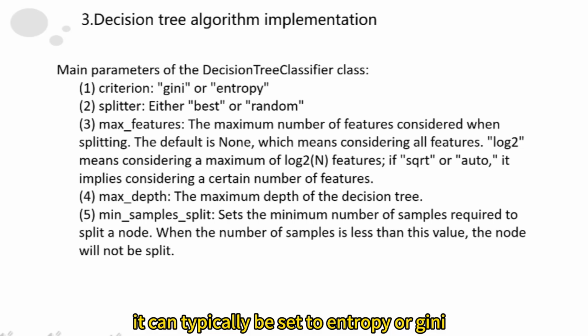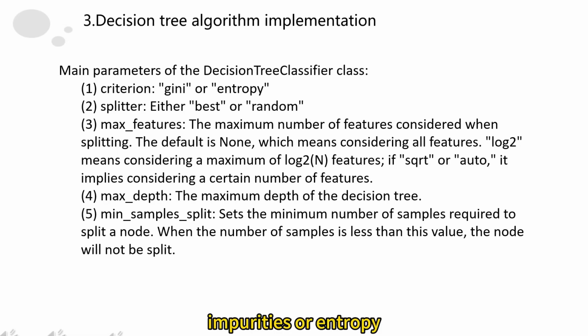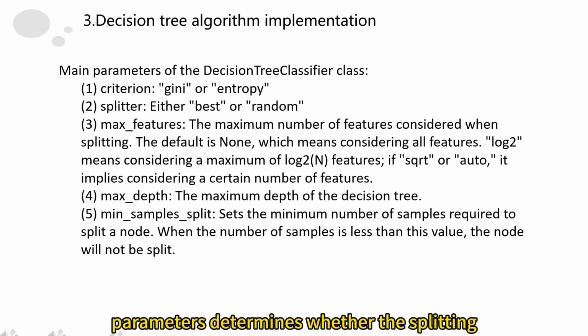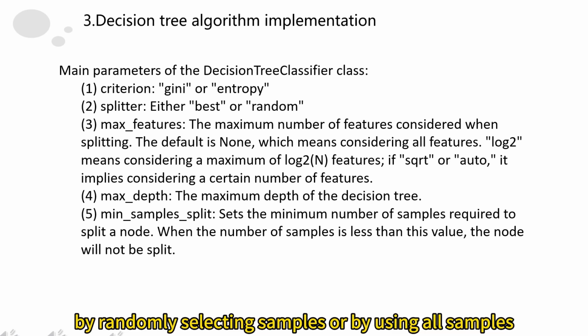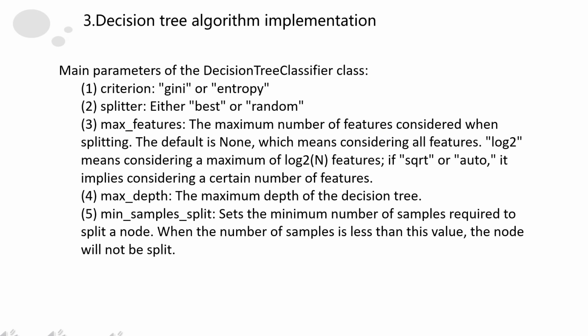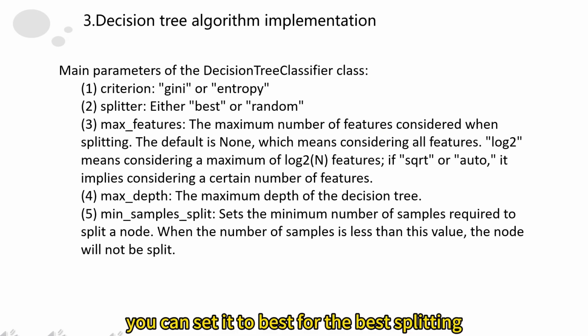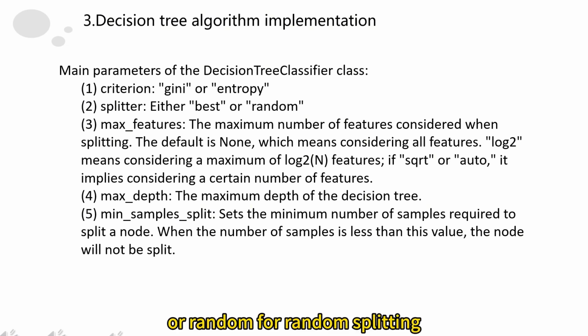It can typically be set to entropy or Gini impurity, with entropy used for information gain. The splitter parameter determines whether the splitting process is done by randomly selecting samples or by using all samples. You can set it to best for the best splitting or random for random splitting.